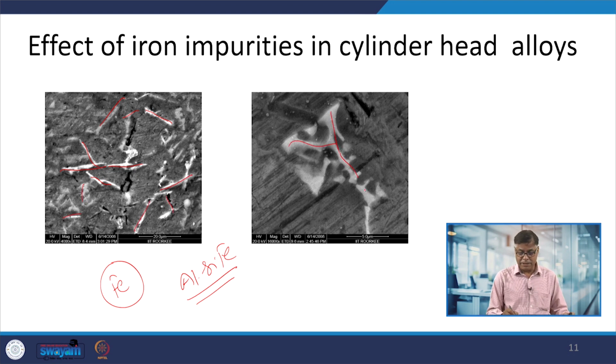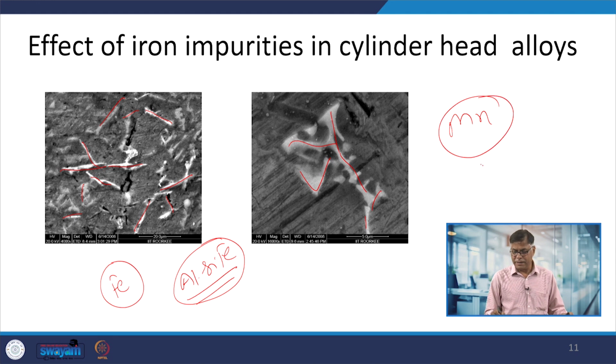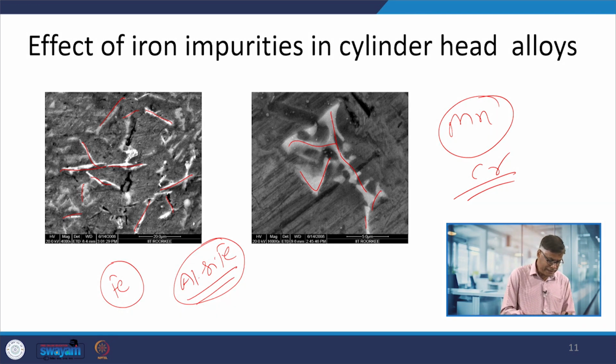This is a typical Chinese script kind of IMC of aluminum silicon iron, which is known to promote hardness, reduce ductility, and increase cracking sensitivity. So, in order to take care of it, it is important that a suitable iron corrector in the form of manganese or chromium is added, so that the negative effect of iron in aluminum silicon castings can be reduced.